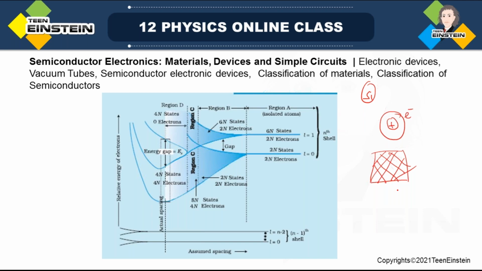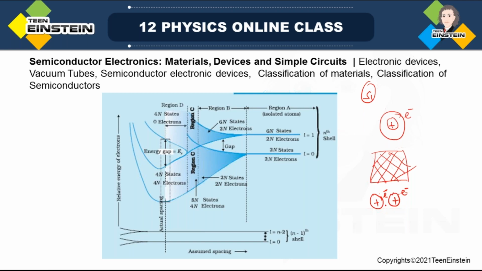When atoms come closer and closer to form a solid, the electrons in the outer orbit start interacting with each other. That is electrostatic interaction.